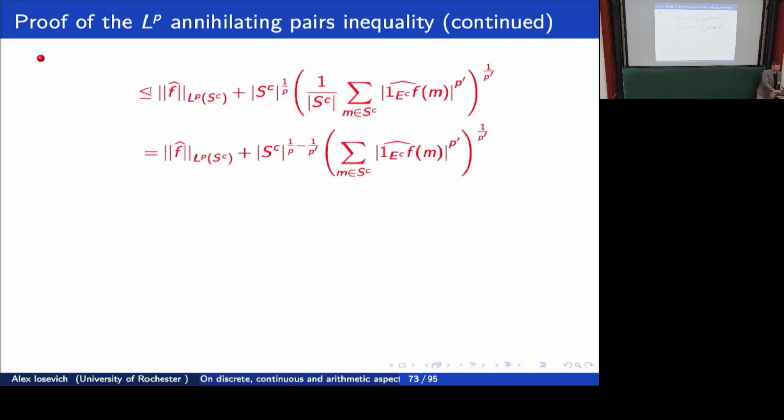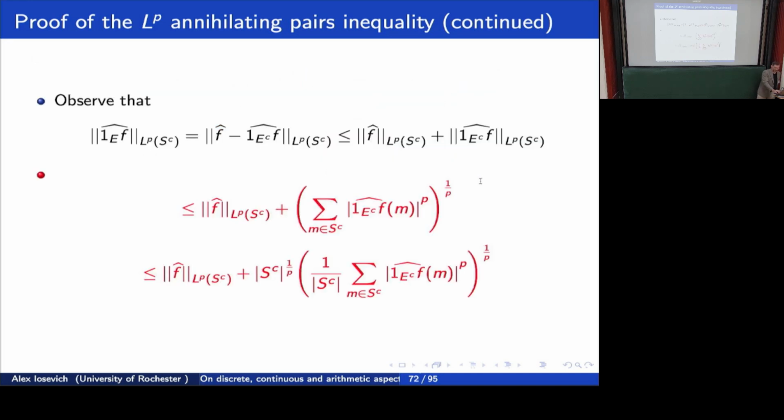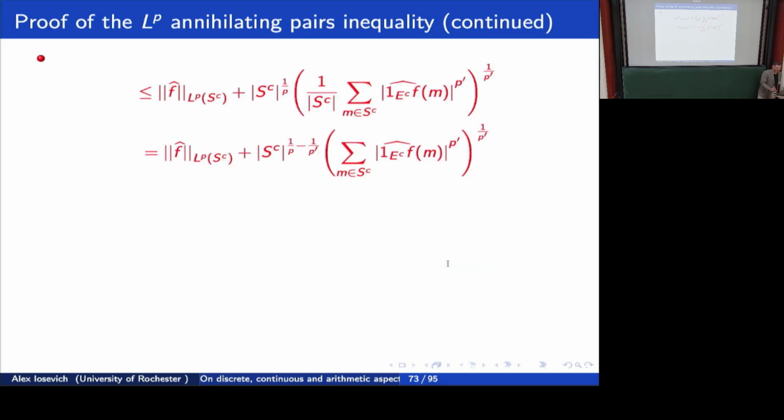And so this is bounded by, again, the LP of S complement norm of F hat. And here we map up to LP prime, right? So here this is LP. We once again map up to LP prime. We go above 2. And for this, we paid the price of the size of S complement, 1 over P minus 1 over P prime. Okay, and now we have just a pure LP prime norm over the S complement.